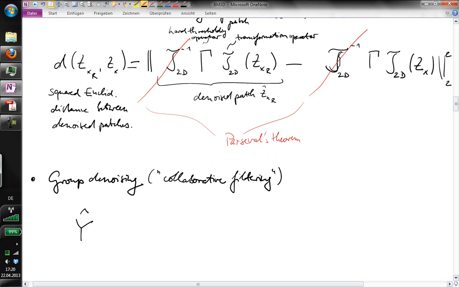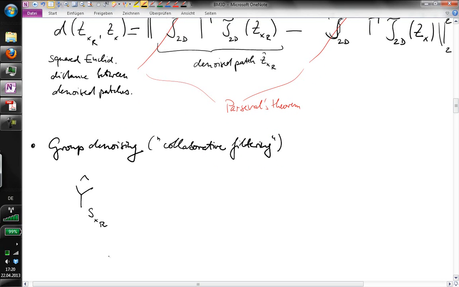So y hat SXR is the D plus one dimensional array holding the denoised group.